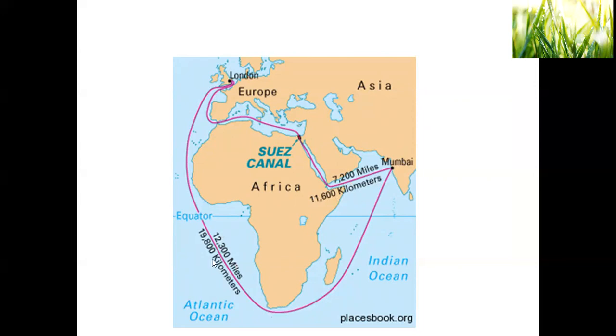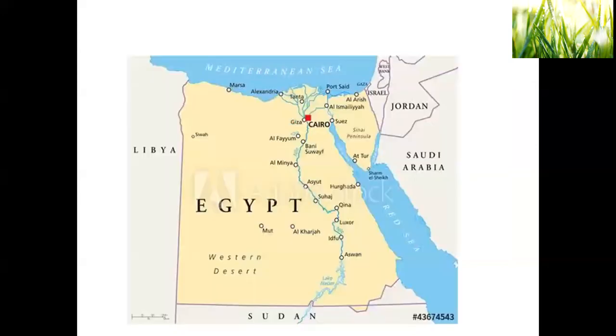So 19,000 kilometers became 11,000 kilometers. So this is a very short route to reach India. The Suez Canal was an important man-made structure which helped to reduce the distance between India and Europe.